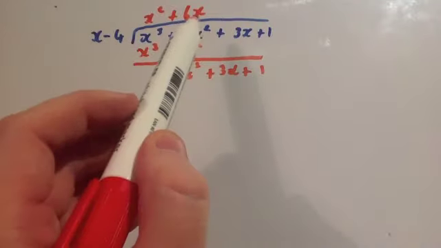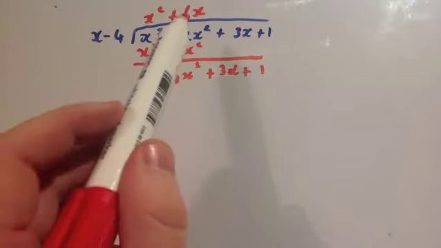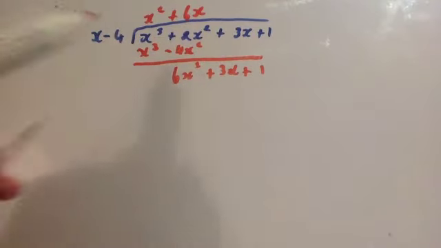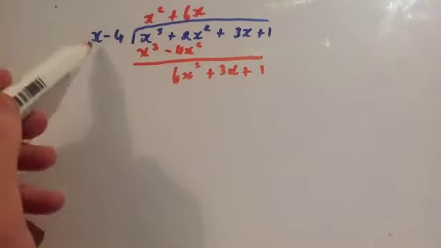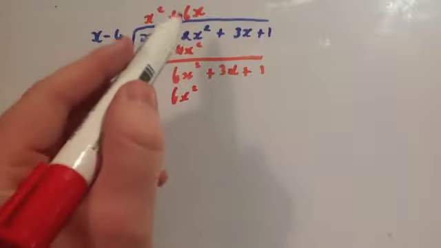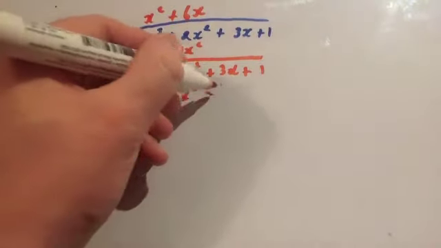Now, a similar step: you multiply your 6x by your x, write it here, and do 6x times minus 4, and write it here. So 6x times x is 6x squared, and 6x times minus 4 is minus 24x.